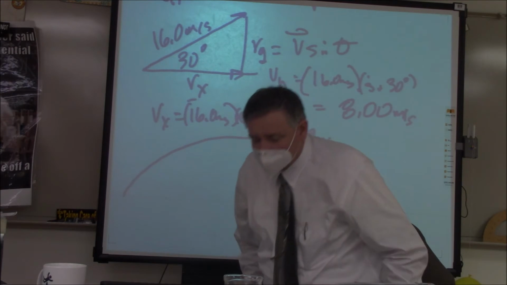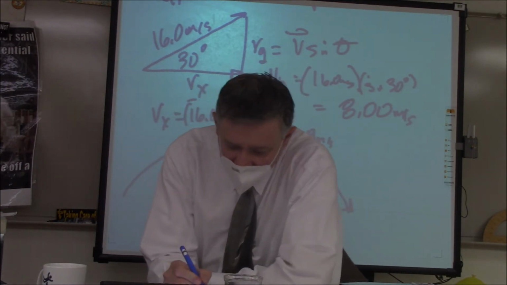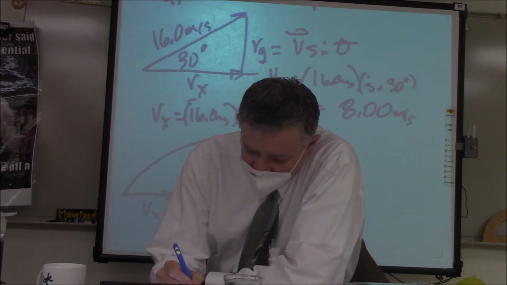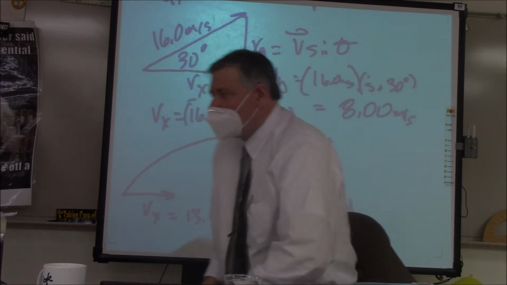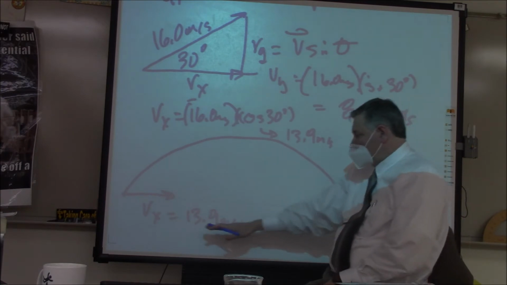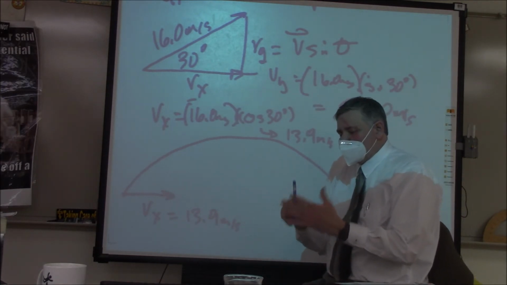All right, so here's what's going to happen. When this thing launches, it has a horizontal component of 13.9 meters per second. Now, Shivani, as it flies through the air, what's going to happen to this horizontal velocity? Is it going to increase, decrease, or stay the same?